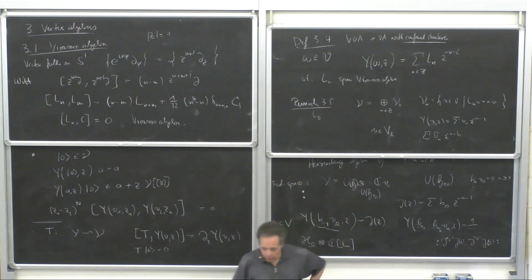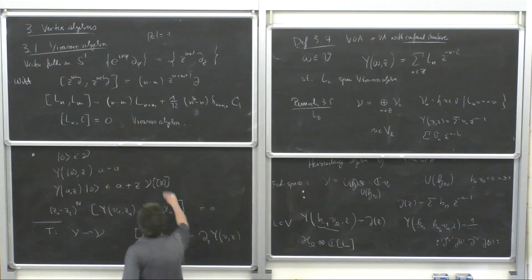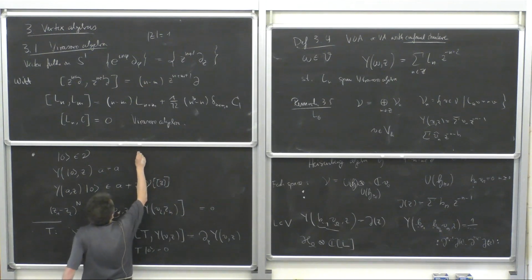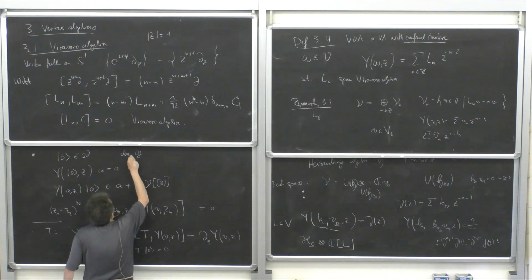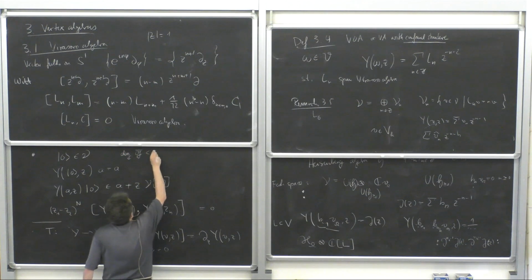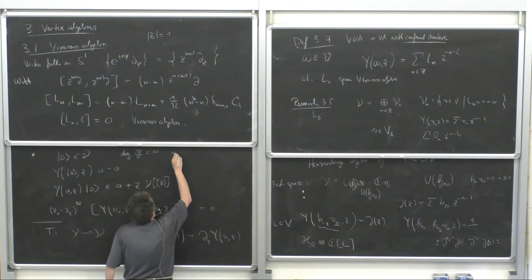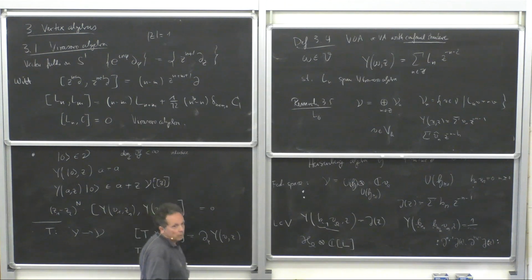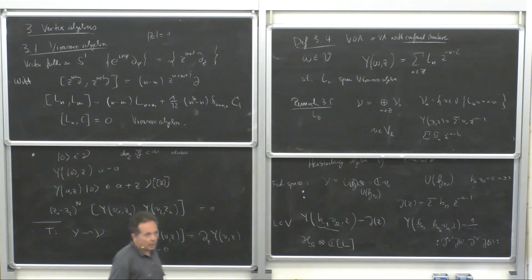So for this reason, let me briefly note this at this point so that I can later refer to this. If you are given a Lie algebra, complex Lie algebra, actually finite dimensional, and let's assume that the Lie algebra is reductive. If you don't know what reductive is, take a semi-simple Lie algebra. If you don't want to know what this is, take SL2 and you're not losing anything essential.